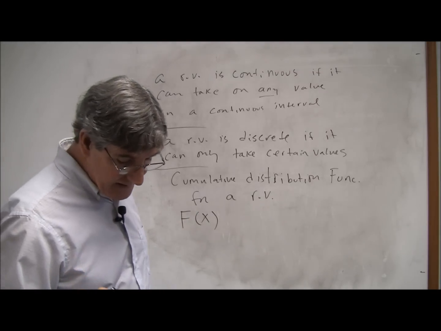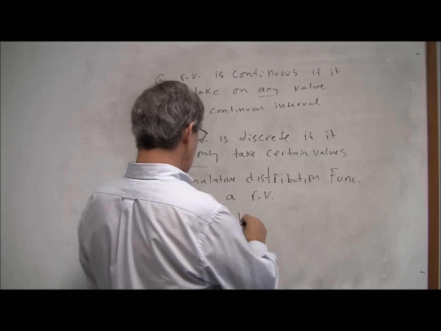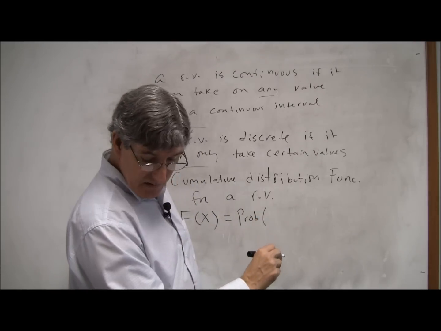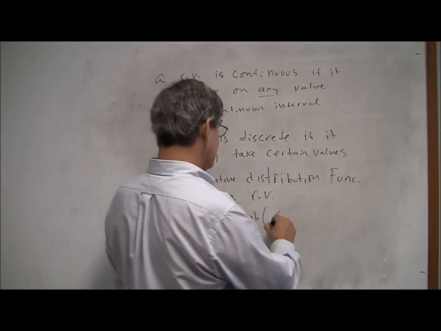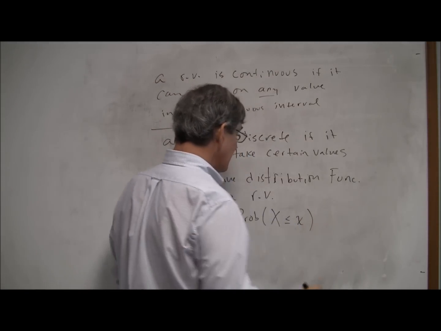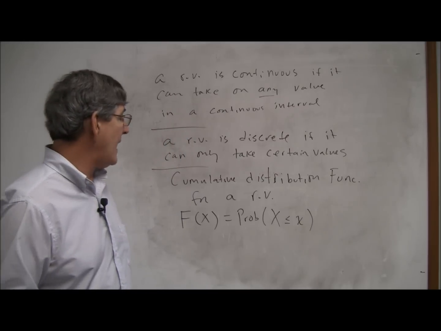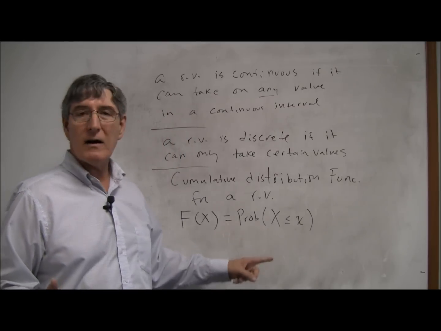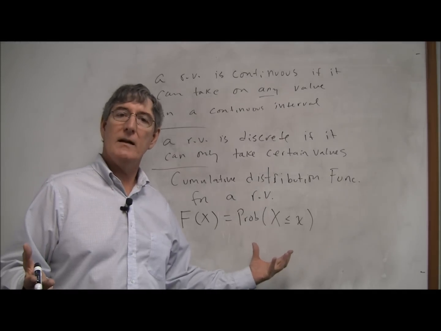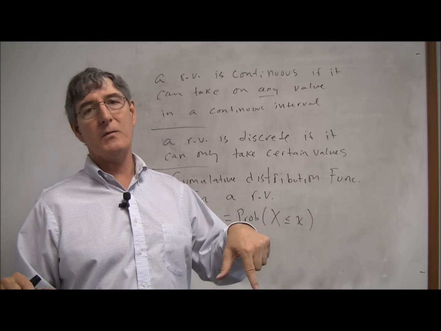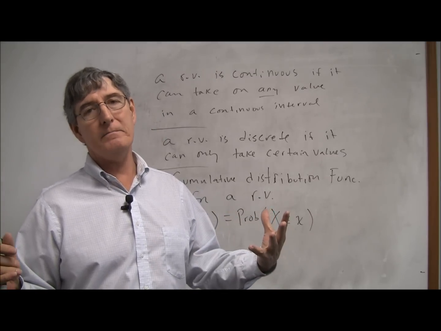But F of x is just the probability that the random variable, whatever it is, here the random variable is X, is less than or equal to some value x. So if I roll a die, I could talk about the probability that the outcome was less than or equal to 3. The probability of that would be 1/2. The probability of a 1, 2, or a 3 would be 1/2.